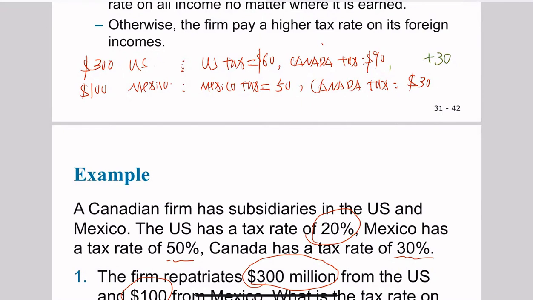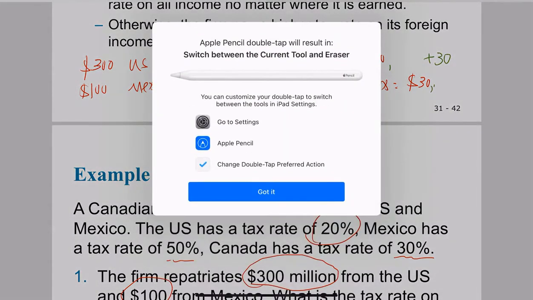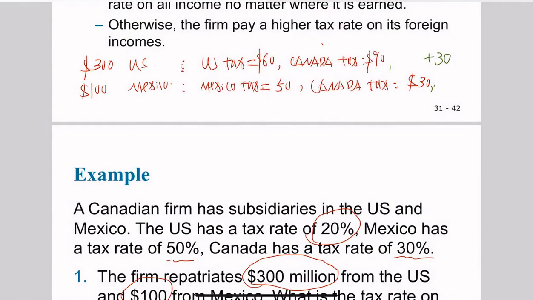So let's say this is positive $30 million, which means the firm owes the Canadian government $30 million of tax. Now, if we look at the income from Mexico, there is a tax credit of $20 million, because Mexico tax is $50 million and the Canadian tax is $30 million.